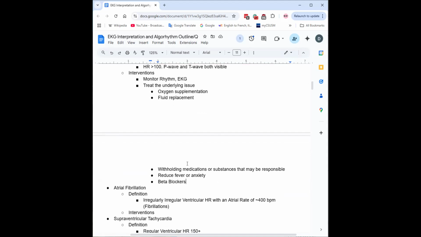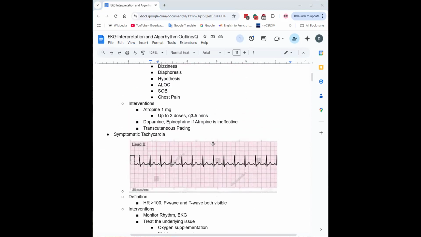Honestly, it will be pretty much the same, because at the end of the day, a lot of the stuff that works for SVT works by slowing down the heart rate. Maybe the one that might not work the same would be the amiodarone drip, because amiodarone has more to do with arrhythmias, while sinus tachy is technically just a fast heart rate without any abnormality in the pathway.